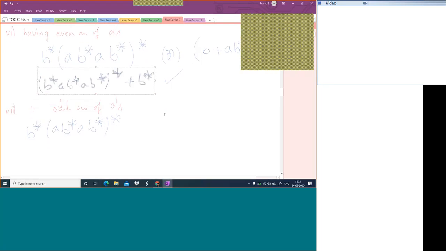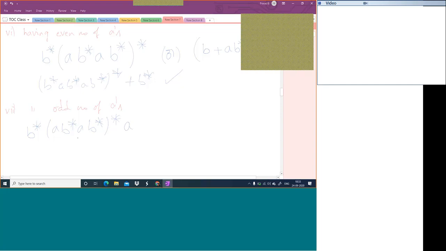Now, we are doing odd number of A's. Hello guys, this is for even number of A's. This and this both are same: B star, bracket A B star, whole star. For even number of A's, if we add one A, suppose I took 20 A's, 20 A's plus this one A will become 21.